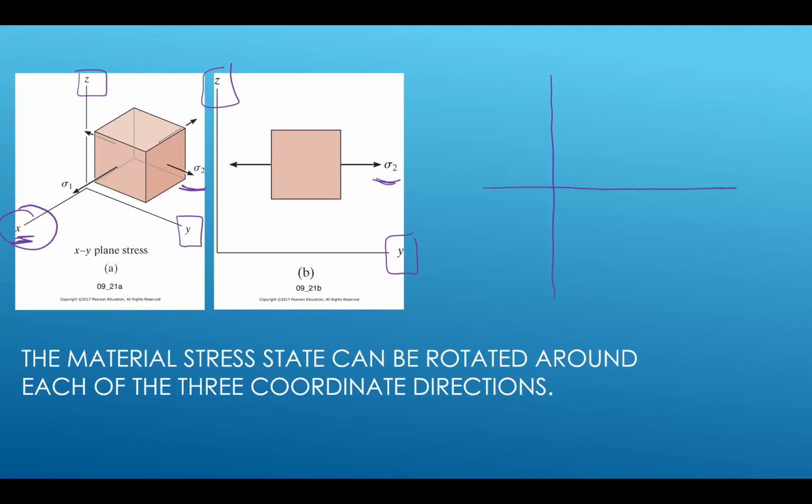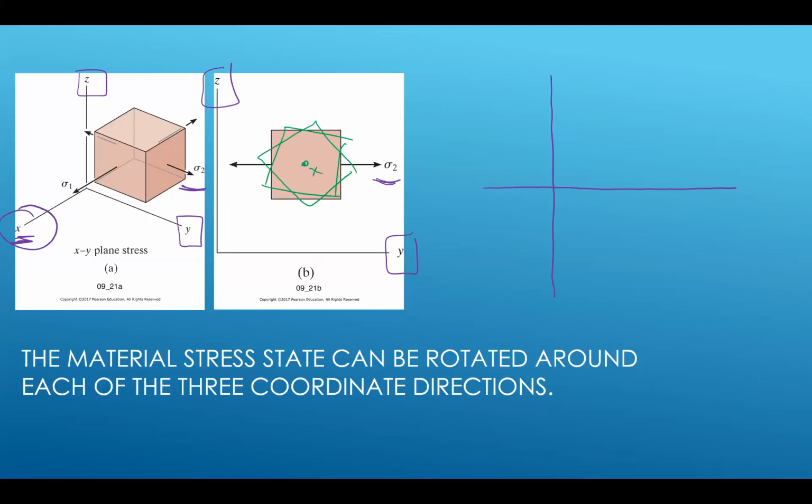rotation about the x-axis, right? Because we could take this material and we could rotate it, and we could continue to rotate it all the way around, and we could get the stress components acting on that material as we do that rotation about this x-axis coming out of the material.